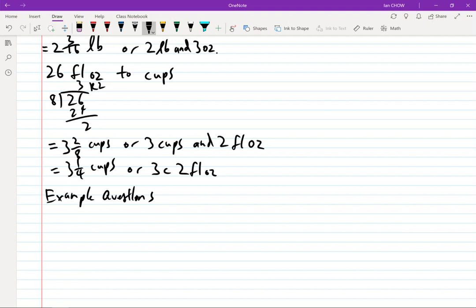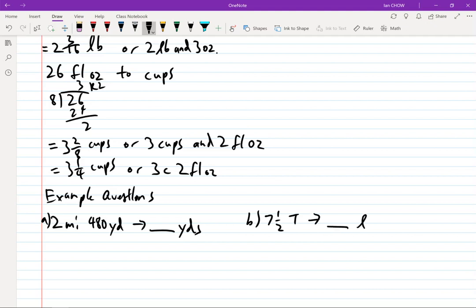Try to convert 2 miles and 480 yards to just yards, to how many yards. And then that's A. And then for B, let's do 7.5 tons to just pounds.